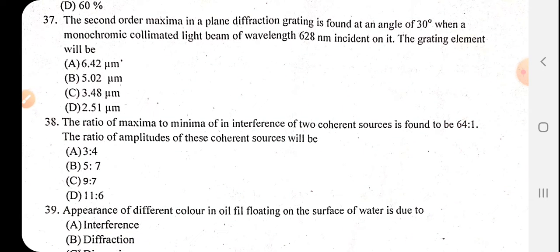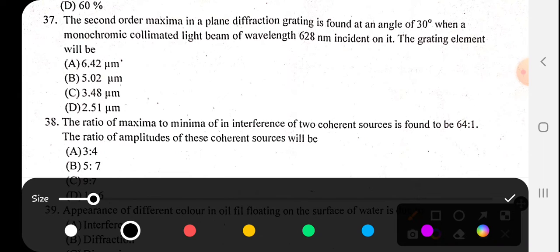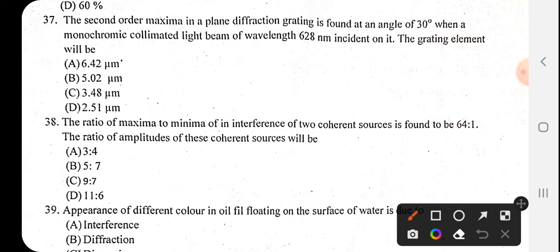Next, question number 37: the second order maxima in a plane diffraction grating is found to be 30 degree. This is from the diffraction phenomenon, grating.